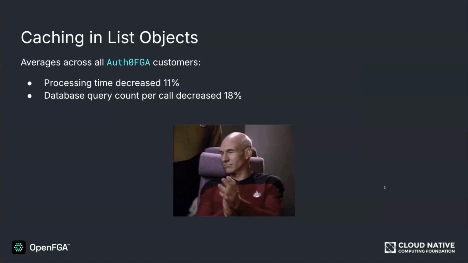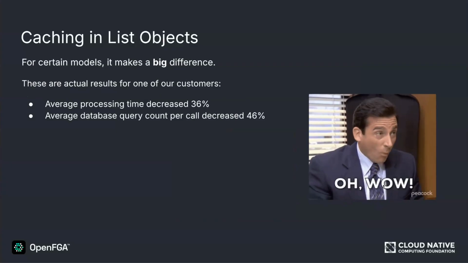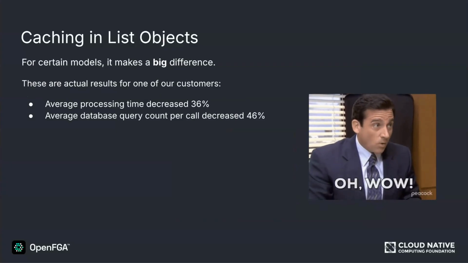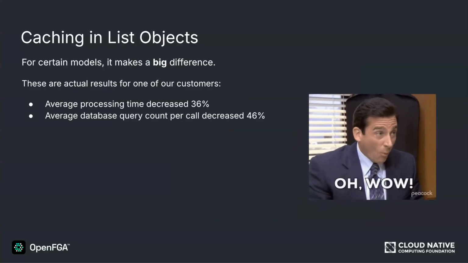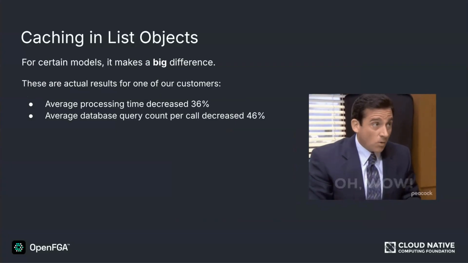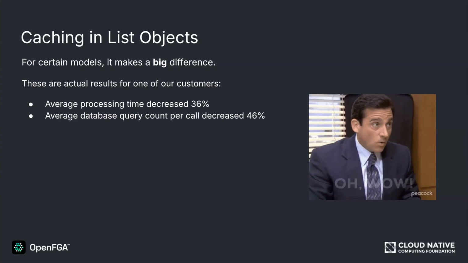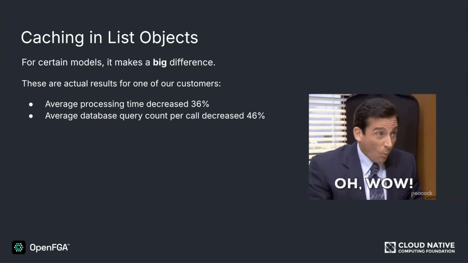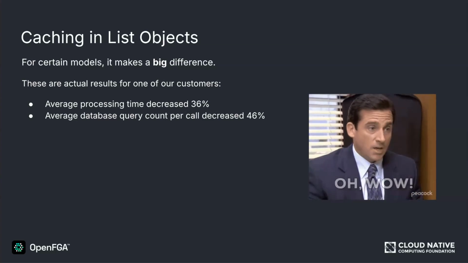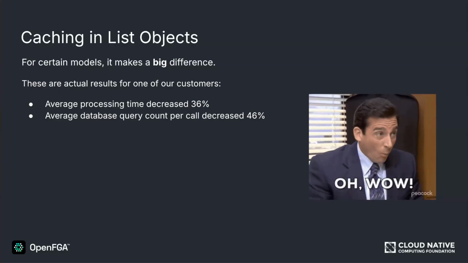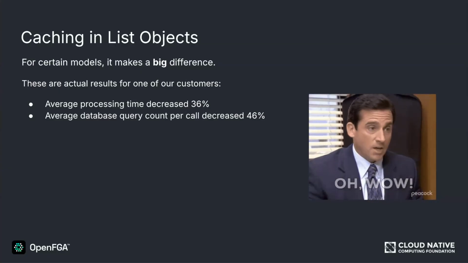And for some of our P99, some of our longer tail customers, this is actual data from one of our customers who is a very heavy list objects user, but their model really doesn't lend itself nicely, or I'll say that it is very heavy. They have a relation that they check very often, many thousands of times per day.